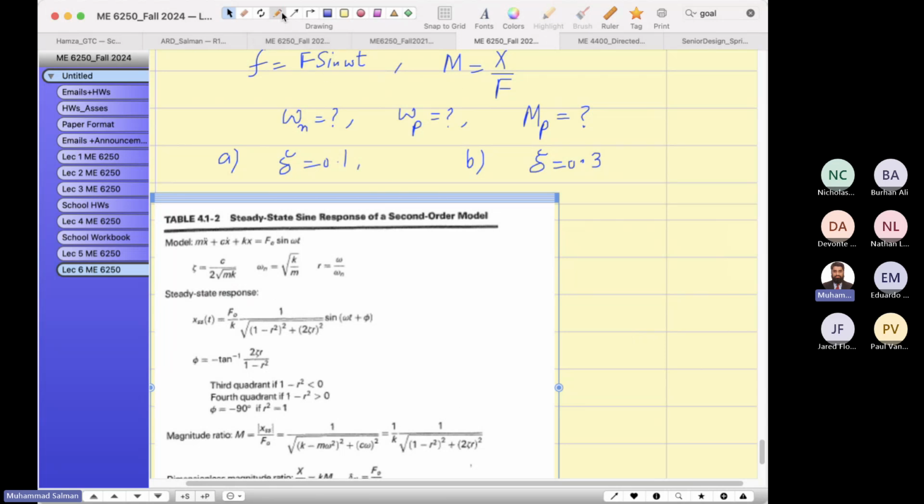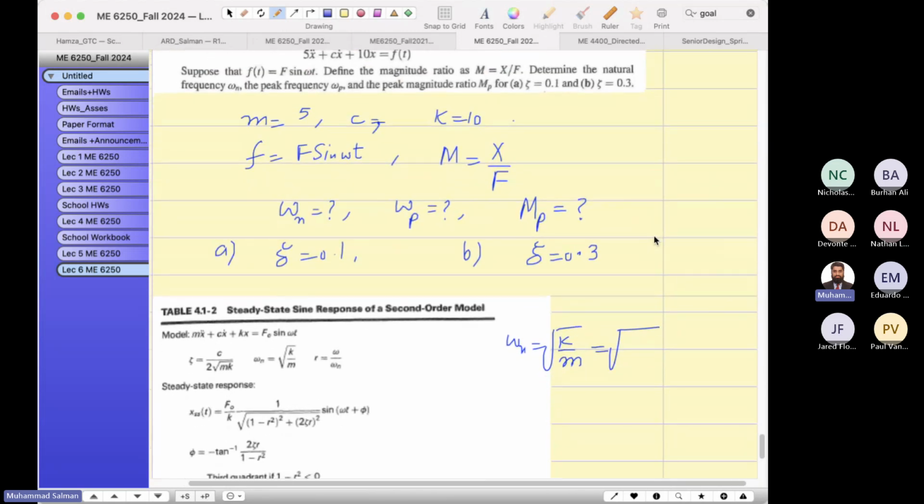That is equal to square root k over m. K value is 10, m equals 5. That is equal to square root 2. And now let's plug in zeta equals to 0.1 to find omega p.